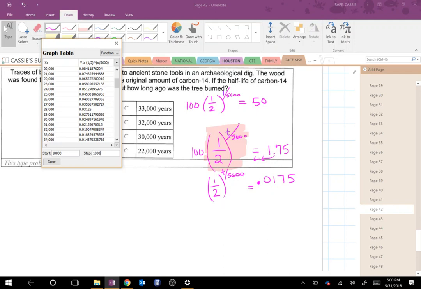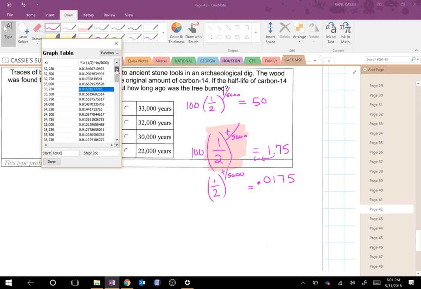Let's instead have it start at 32,000, which is what's in question. And instead of having it step by 1,000 years, let's do 250 years at a time. Then look and see which one's closer to 0.0175.